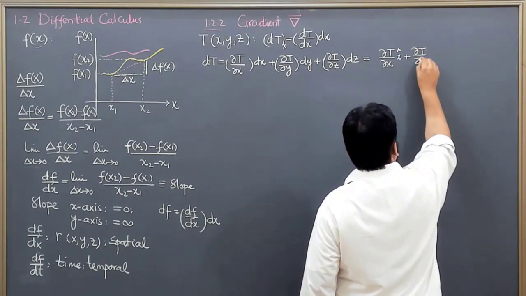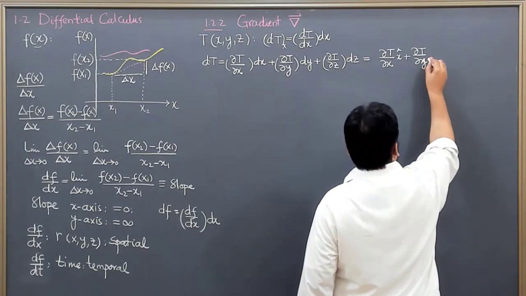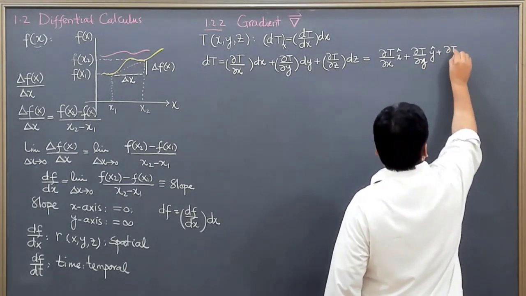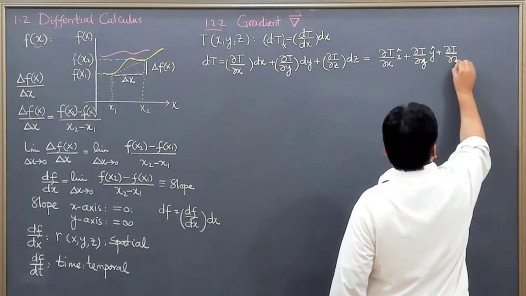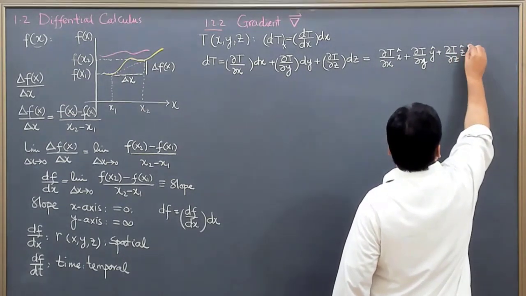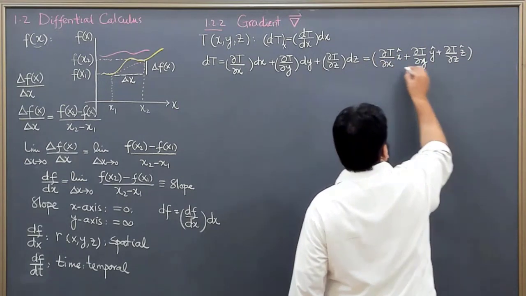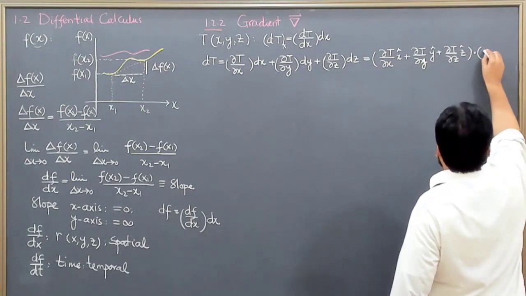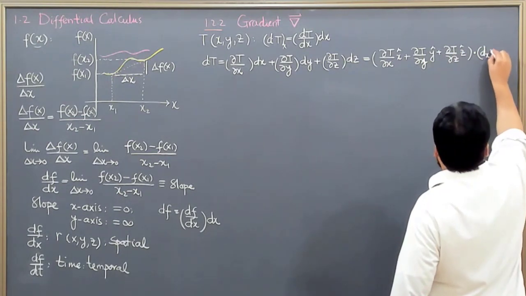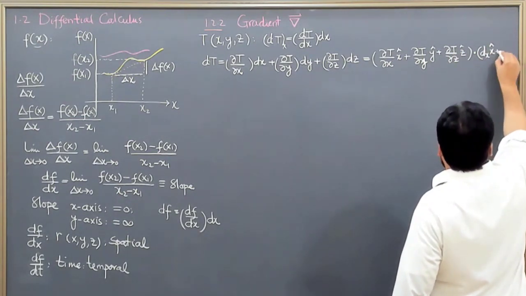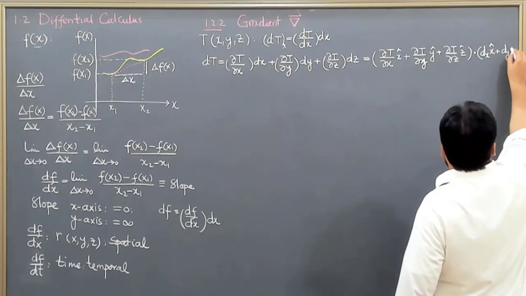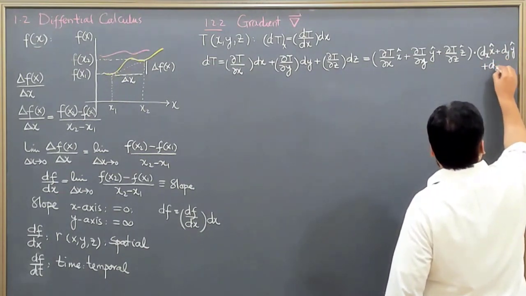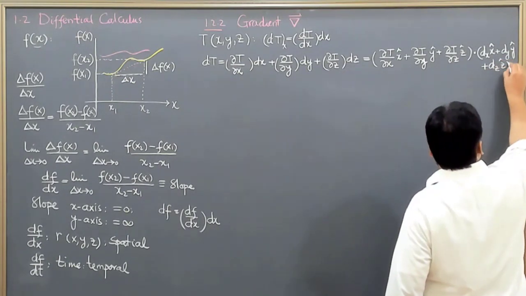Then curly t by curly y and the y unit vector, plus curly t by curly z and the z unit vector, and then I put a dot product here and write dx in the x unit vector plus dy in the y unit vector plus dz in the z unit vector.